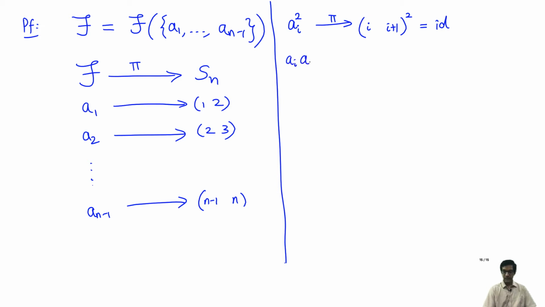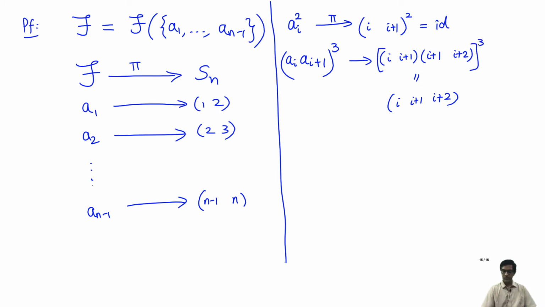If I take a pair of consecutive elements Ai A(i+1), where does it map? It maps to the product of these two consecutive transpositions, but that's just a 3-cycle (i i+1 i+2), whose cube is the identity. So therefore this cubed is just the cube of this product, which is again the identity.